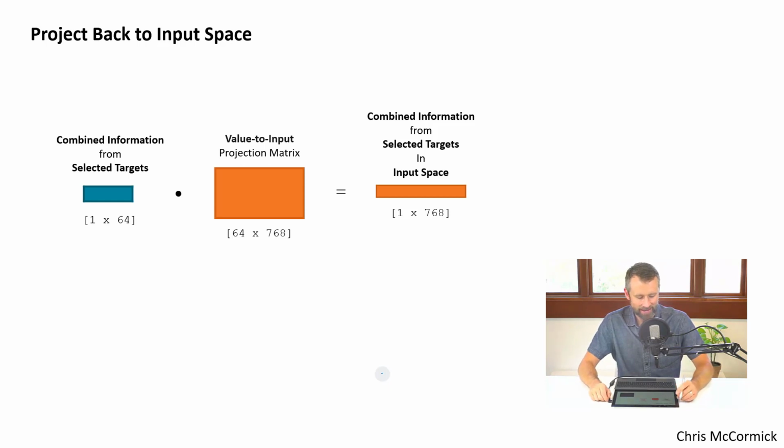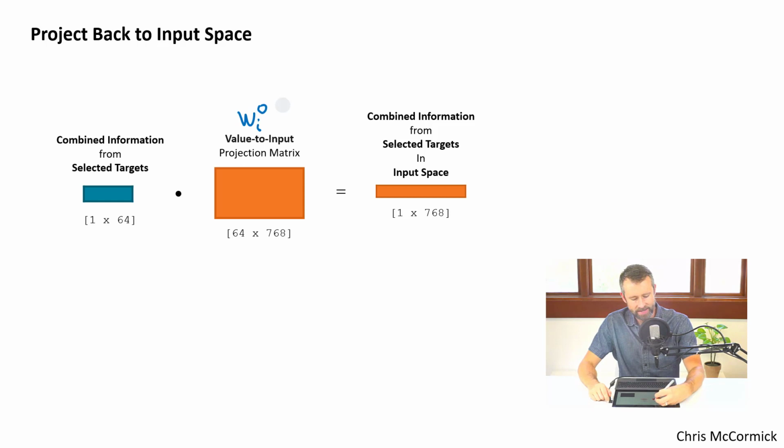We have what you could think of as a value space to input space projection matrix, where we're going to take that vector from the previous slide and multiply it against, let's say this is W, they call it the output matrix. They use O as the letter. And in this case, I'm doing it for a single head.